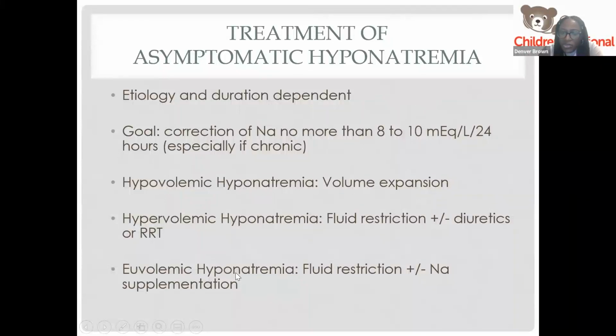In our euvolemic patients, like those with SIADH, or the syndrome of inappropriate antidiuretic hormone release, like the cancer patients I talked about, the treatment for that is fluid restriction and then potentially sodium supplementation.